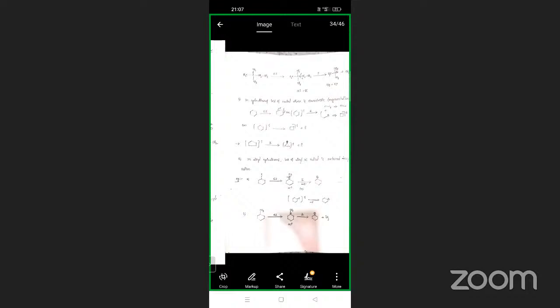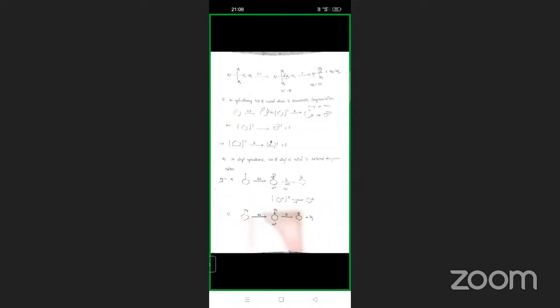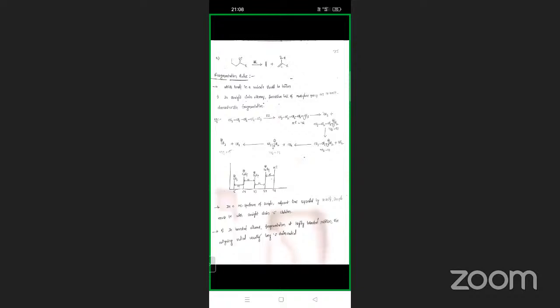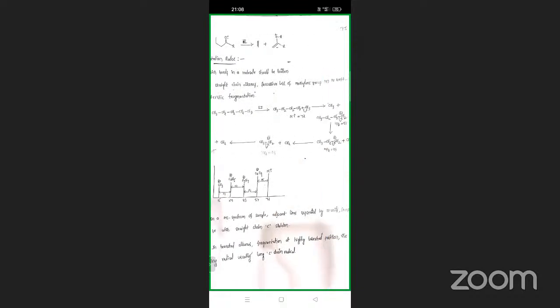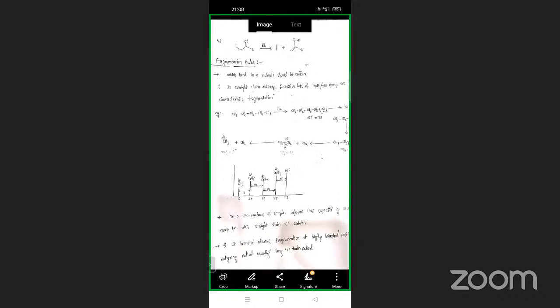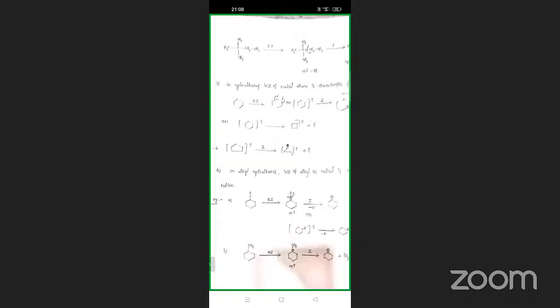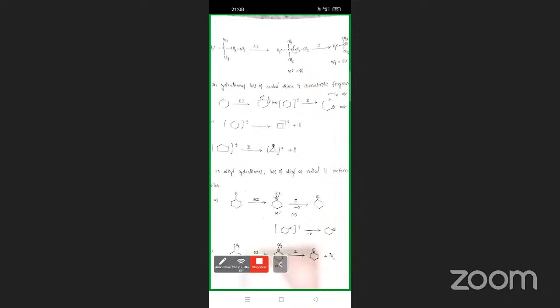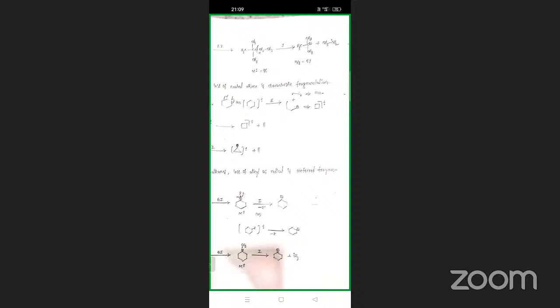These are three possibilities: this is A, this is B, this is C. But you see that the fragment obtained after the fragmentation must be a highly branched one. The fragment carrying the positive charge must be highly branched here.